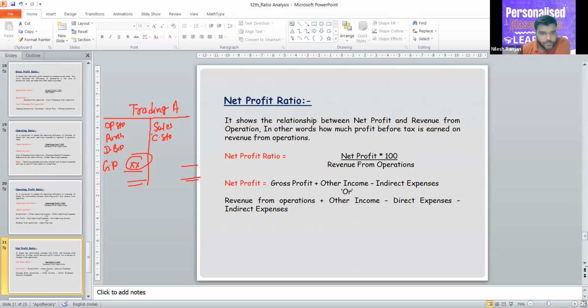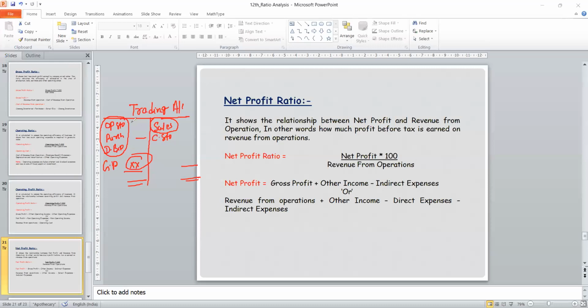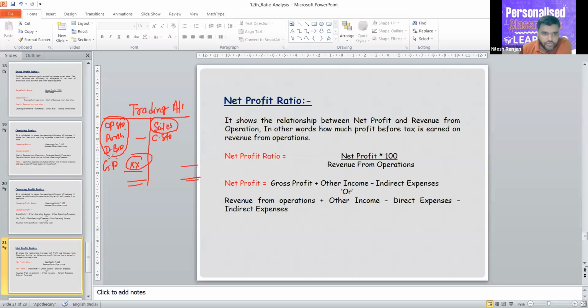If you see this concept, there is sales here, and opening stock plus purchase plus direct expenses minus closing stock. What is this formula called? The cost of goods sold. Yes, so sales minus cost of goods sold equals gross profit.